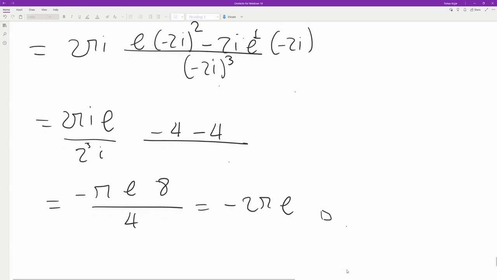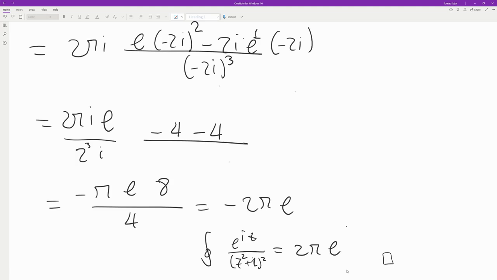So the total answer is plus 1, 2 pi e. Unless I messed up some numbers here, that should be the answer.